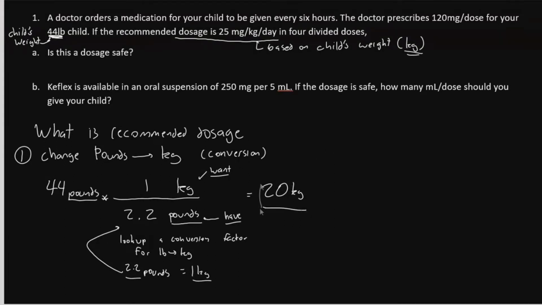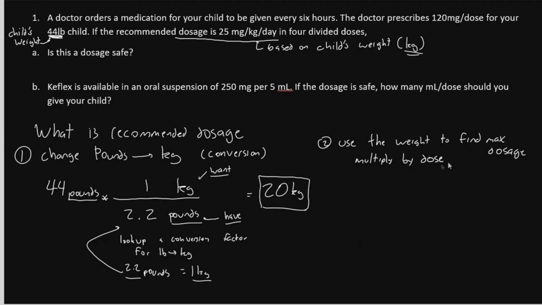Now that we know the weight, our second step is to use that weight to find the max dosage. So now we can take that 20 kilograms and multiply by the dose that said milligrams per kilogram per day.